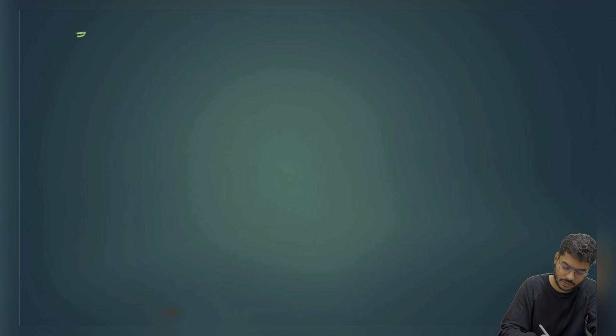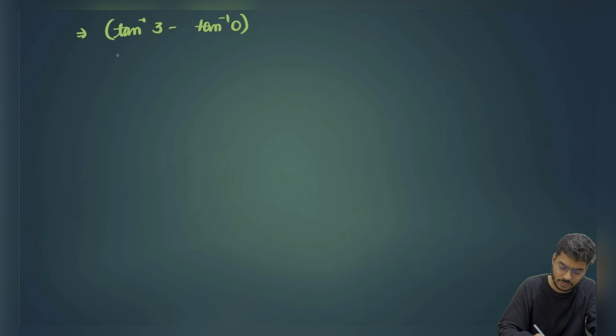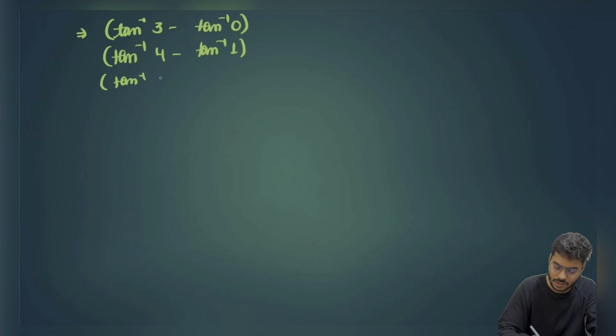So you will get tan inverse 3 minus tan inverse 0. Put n as 2: you will get tan inverse 4 minus tan inverse 1. Put the next value, n is 3: tan inverse 5 minus tan inverse 2. Again put the next value: tan inverse 6 minus tan inverse 3.